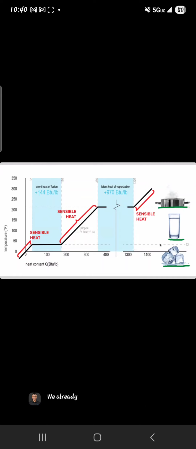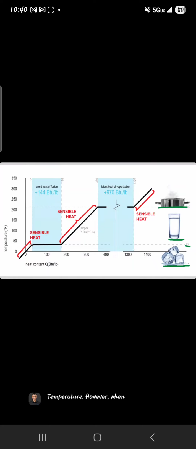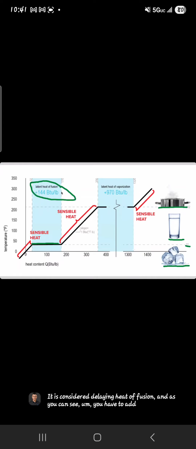We already know water freezes at 32 degrees. So right here from 0 to 32 it is considered sensible heat because there's still a change in temperature. However, when you change from a solid to a liquid, it is considered the latent heat of fusion. And as you can see, you have to add 144 BTUs, but we'll talk about BTUs in a later slide.